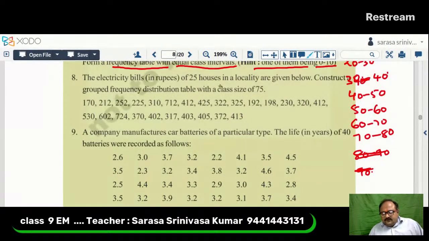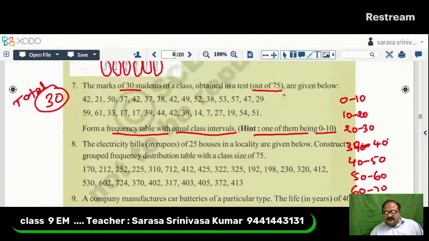Now let us count how many students have scored the marks from 0 to 10. This is the first one, 0 to 10. Are there any students from 0 to 10?